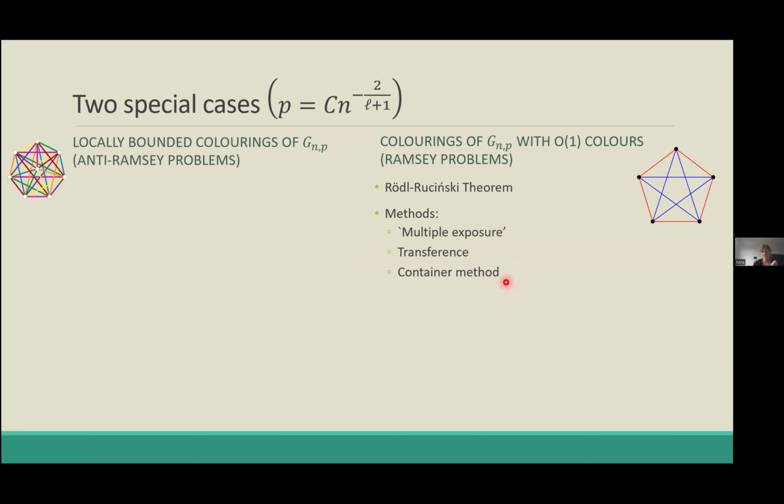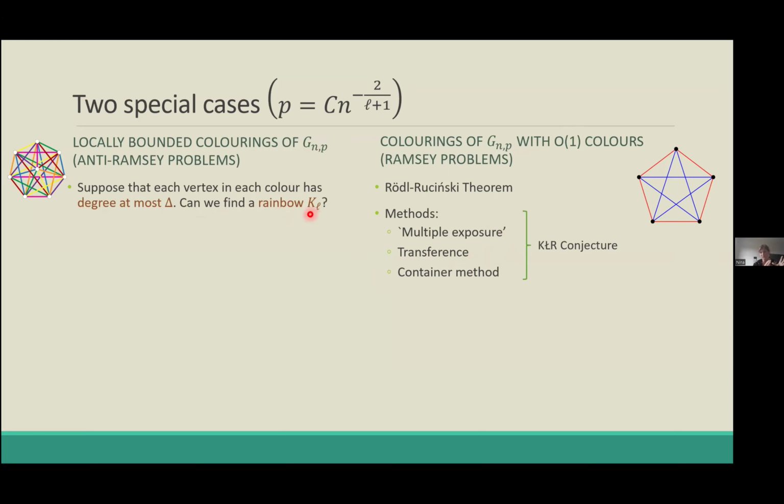But then the adversary can also choose to use a huge number of colors. So for instance, they can use a proper coloring of G(n,p), and you need to decide what to do in that case. So in that case, you're aiming for rainbow copies of K_L. And these are the so-called anti-Ramsey problems.